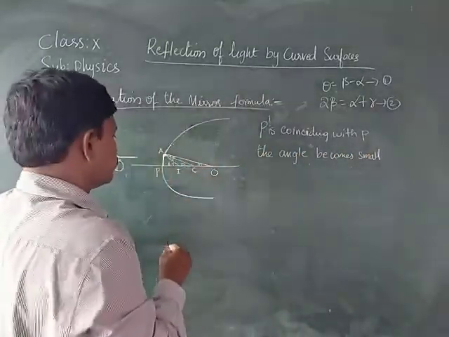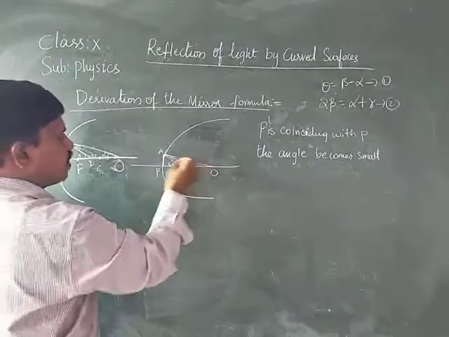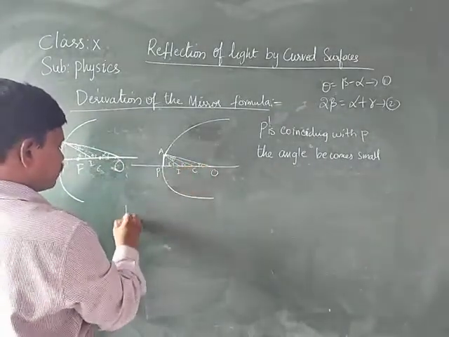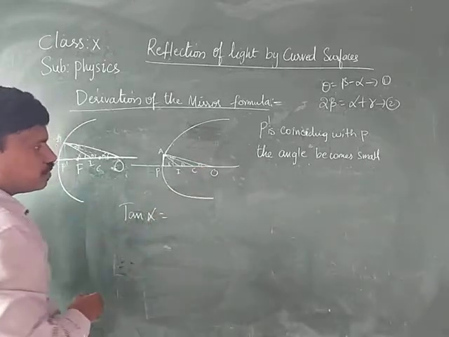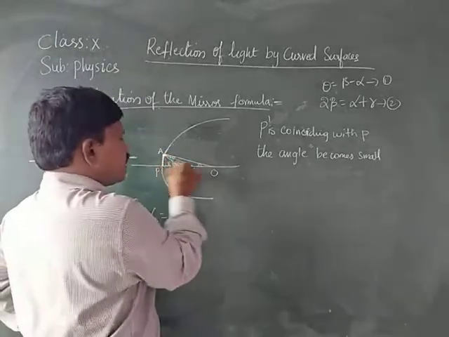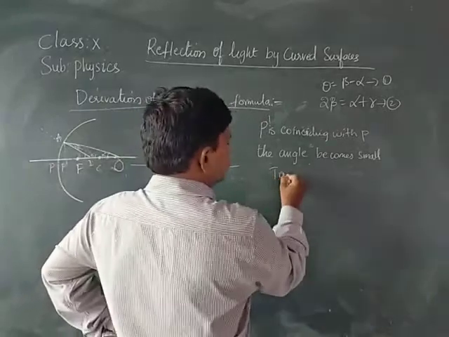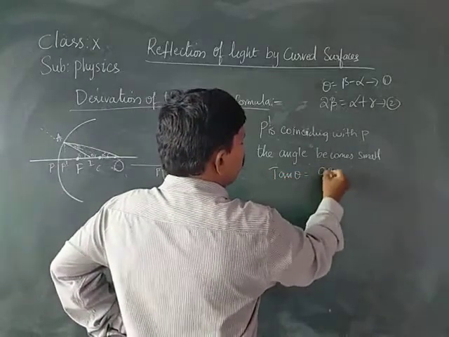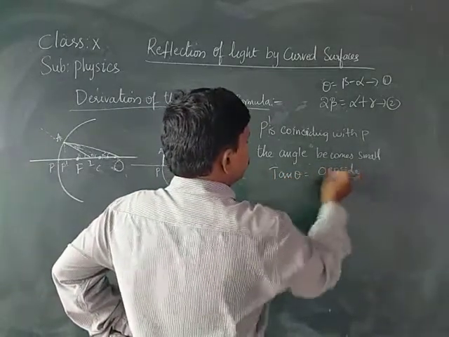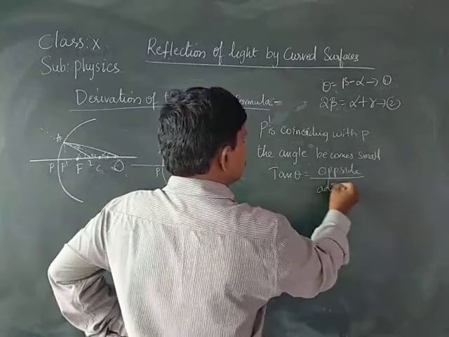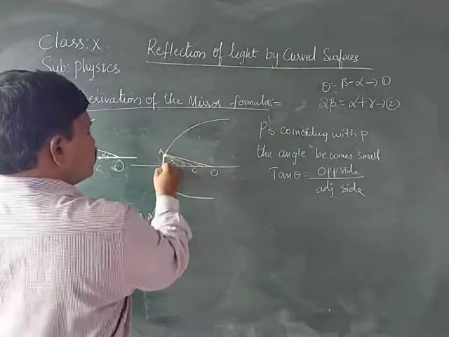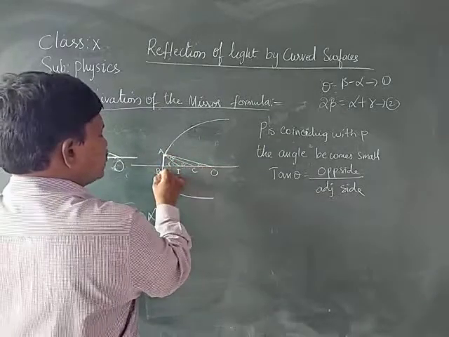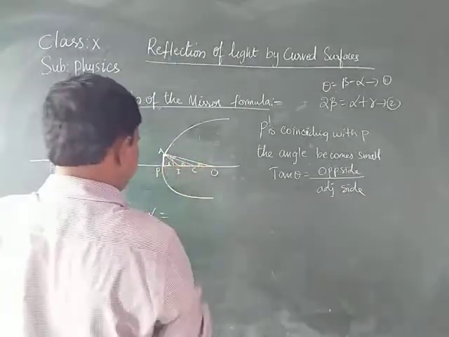From this, if we take tan alpha, tan theta is equal to opposite side by adjacent side. Which is the opposite side for alpha? This is the opposite side. Which is the adjacent side? PO.